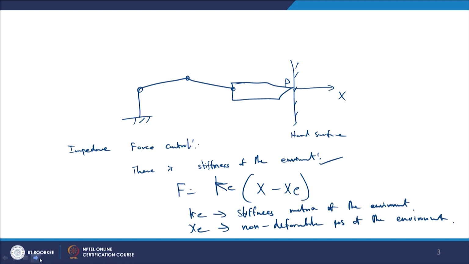And we consider X D to be the desired position trajectory of the end effector, and x being the actual position trajectory of the end effector tool.